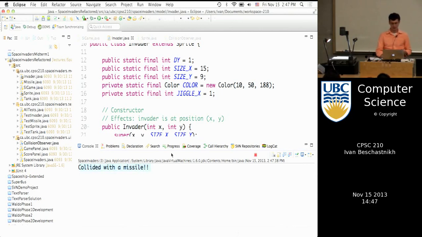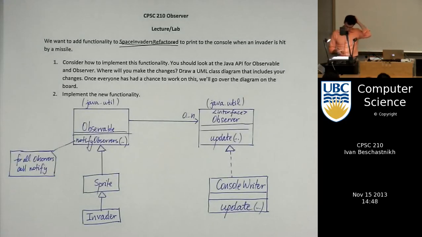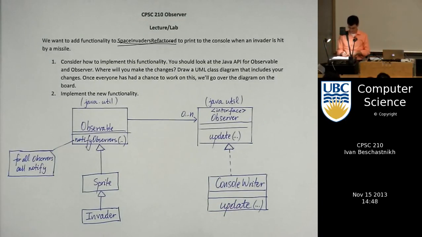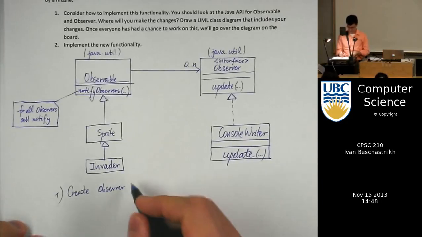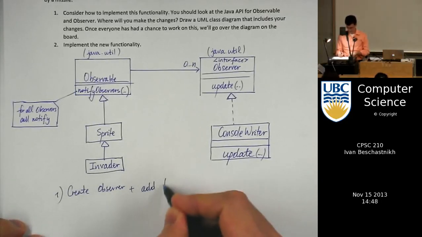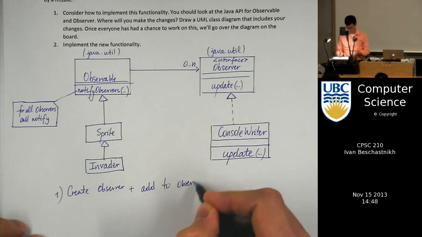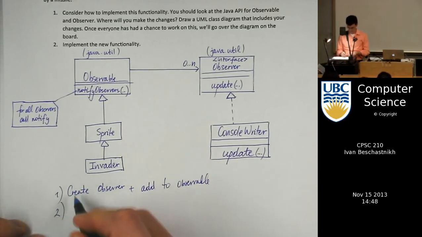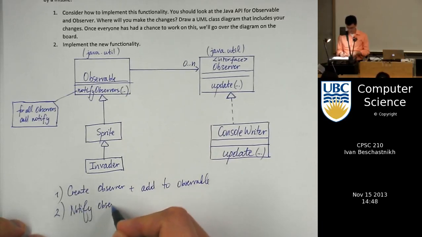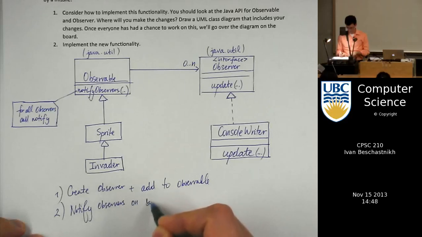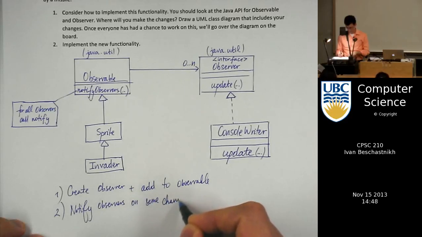Okay, so this basically demonstrates how to use the observer pattern. So the key thing is, there's like 3 steps, right? 1, create observer plus add to observable. 2, notify observers on some change in state.